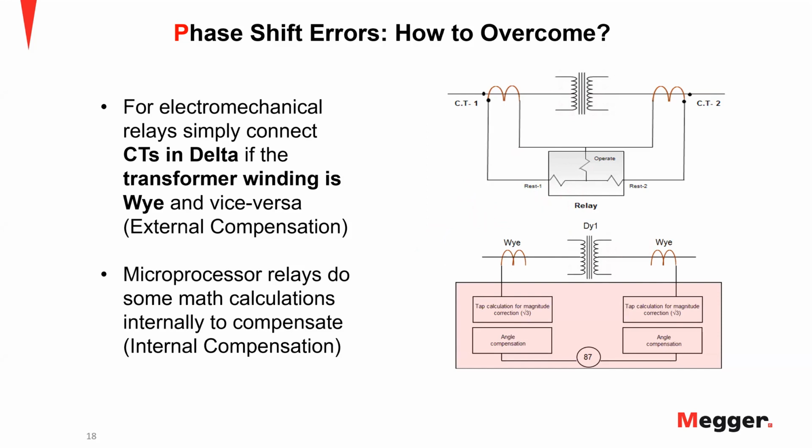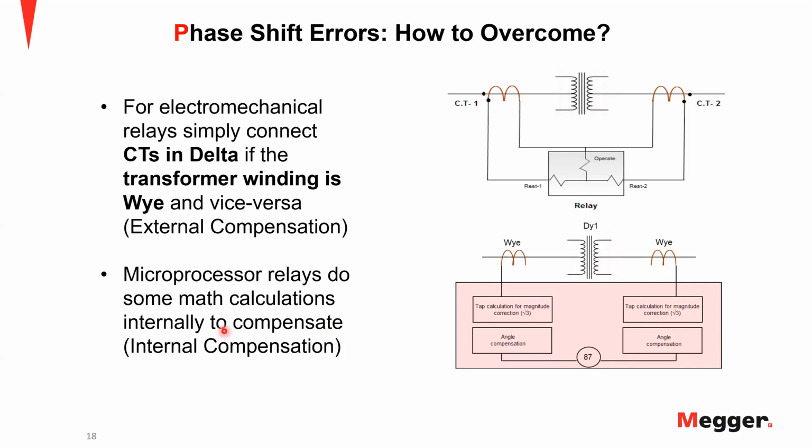For microprocessor relays, of course, there are two methods. The first one is the same as what we discussed now: we can work with the CT connection types. Another method is that the microprocessor relay performs mathematical calculations inside the relay, and it actually addresses this phase shift problem.